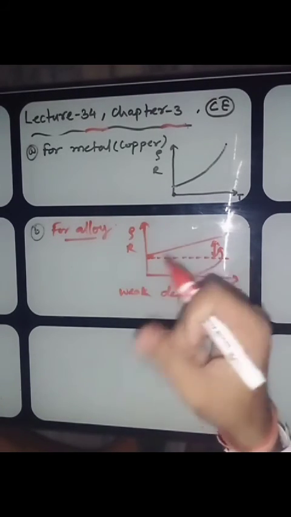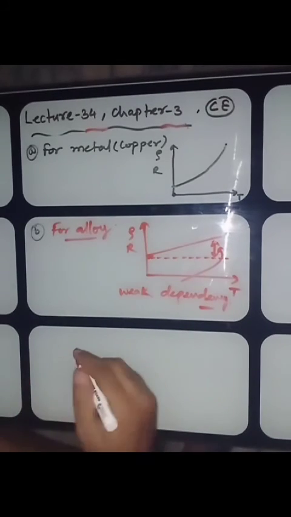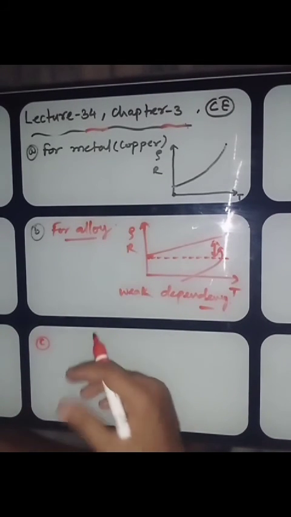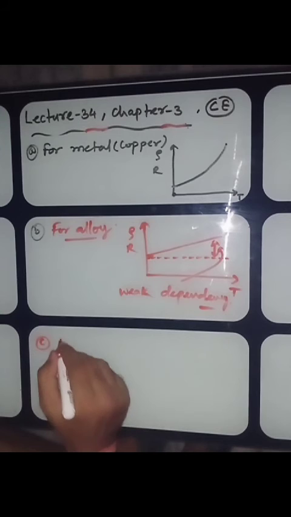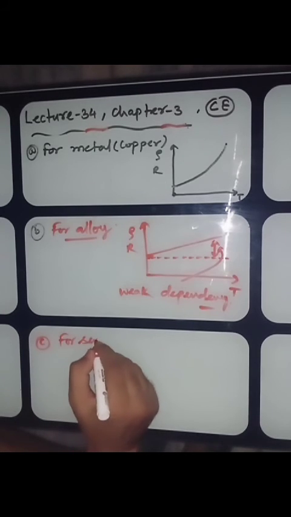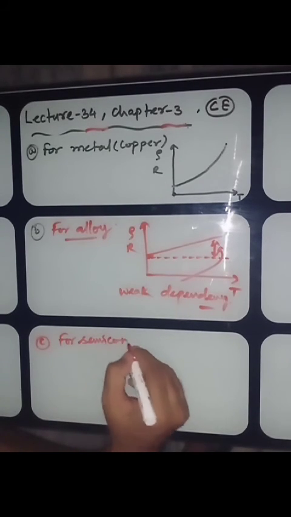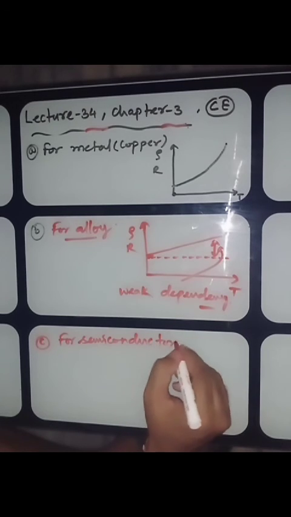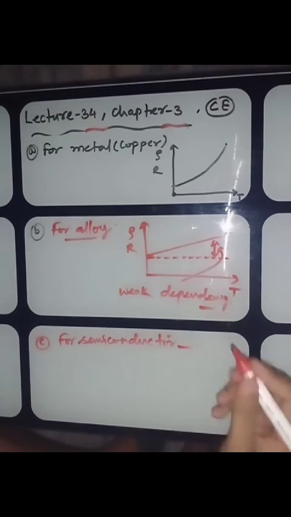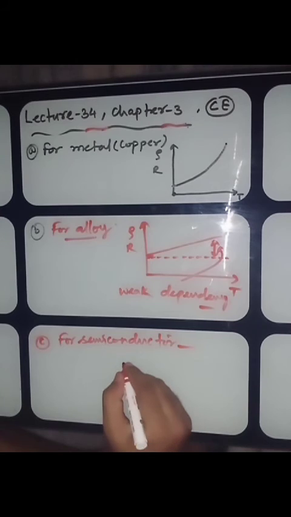So this is the graph for alloy, and the third one is for semiconductor. We'll study in chapter 14. That's a very small chapter.